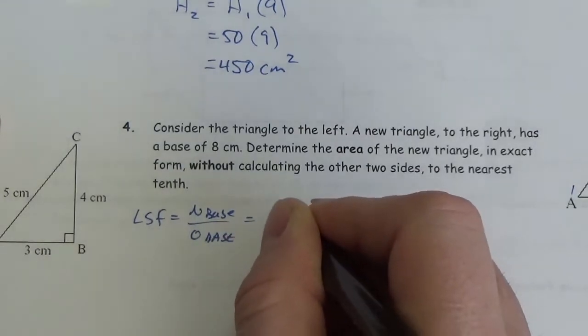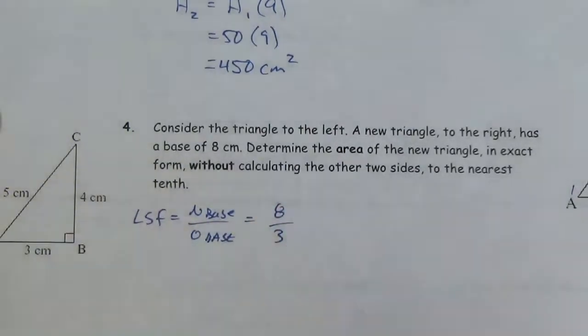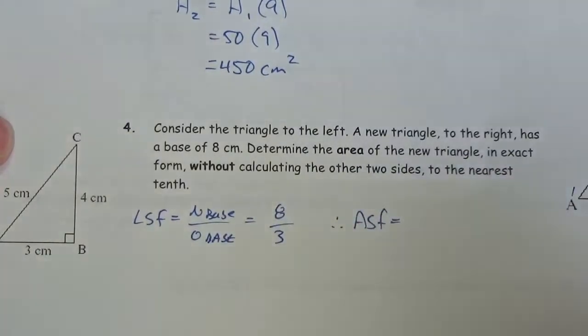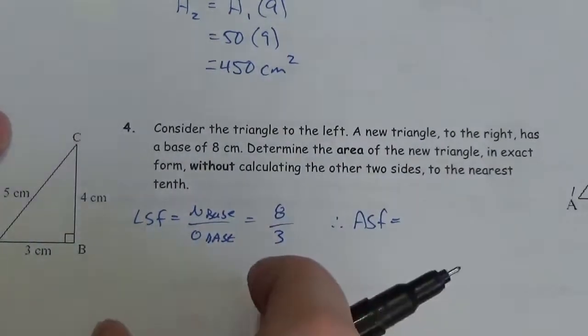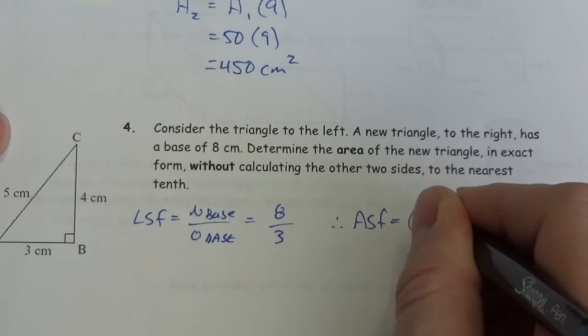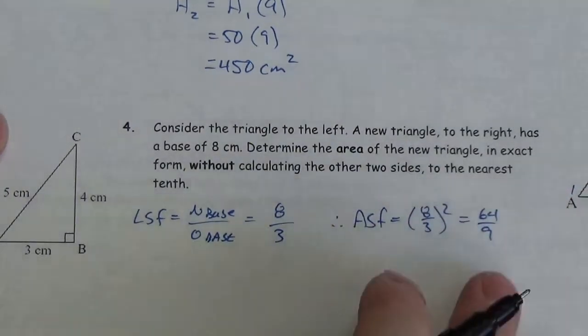Well, our new base is 8 and our old base is 3. So that's going to be our linear scale factor. Now, that means my area scale factor is simply going to be that scale factor squared. So it's going to be the linear scale factor squared. So 64 over 9. That's what I need to know here.